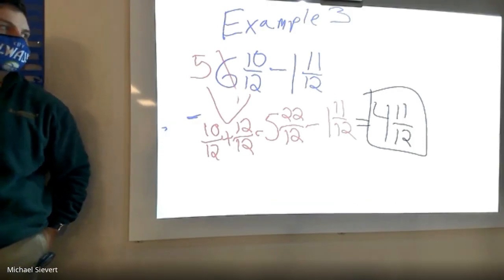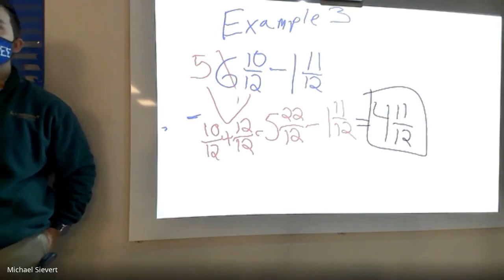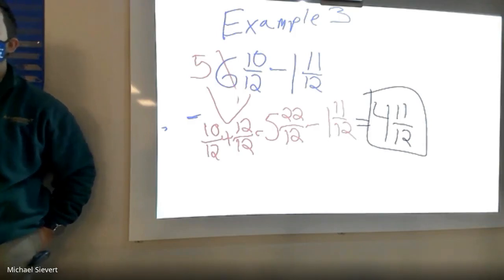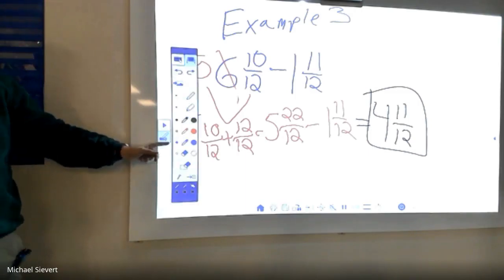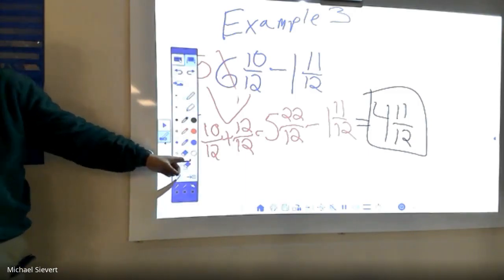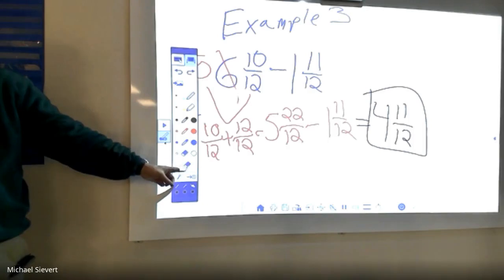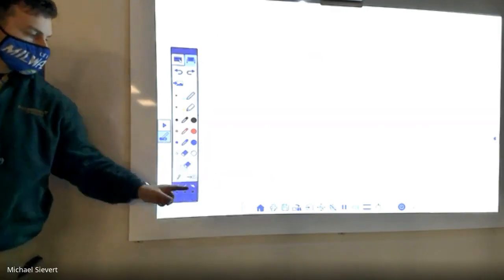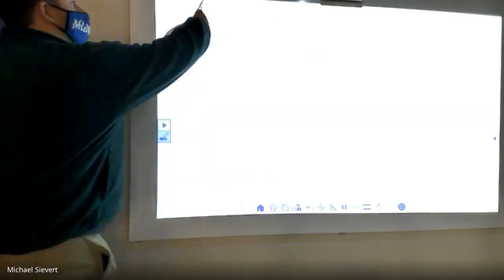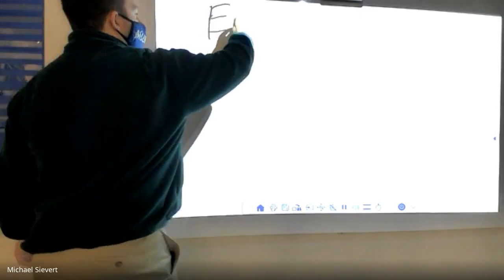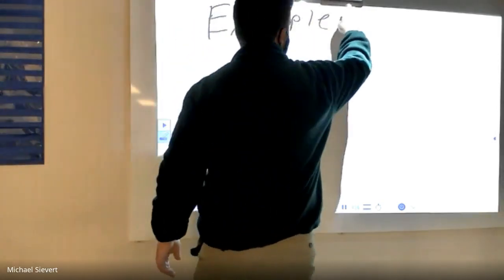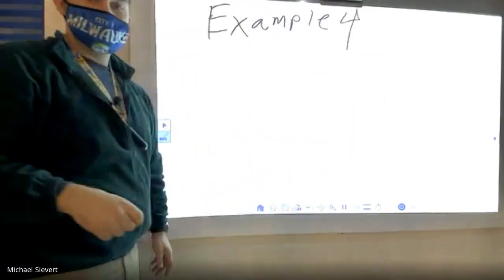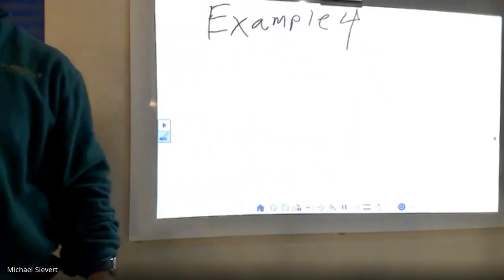Any questions on how we got to that? Okay. One more example, then you'll get your exit ticket. Example 4. Taylor?